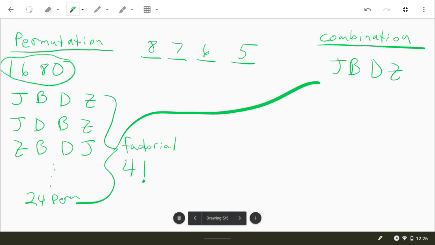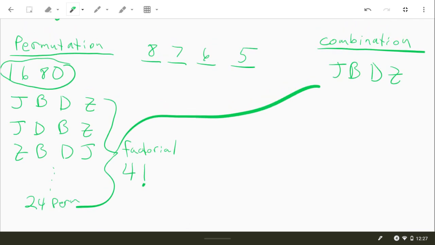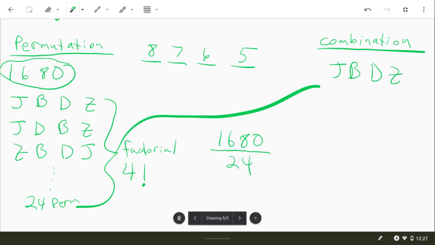There's going to be 1,680 different possibilities of movies to watch as far as the order goes. But if you want to know how many just regular old combinations there would be, I'm going to take this 1,680 and divide it by my 4 factorial. I'm going to divide that by my 24. And that's going to give me the number of combinations.